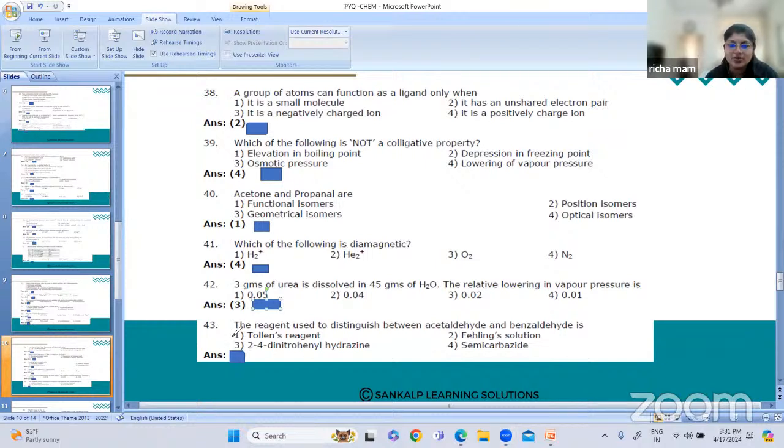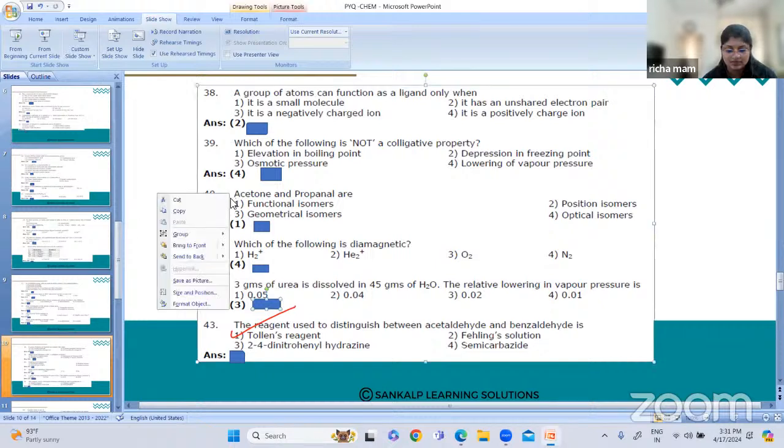So by using Tollens reagent, we can identify which is acetaldehyde and which is benzaldehyde. Yes, Vamshi Krishna has answered it correct. Very good. Let us go for the next one.